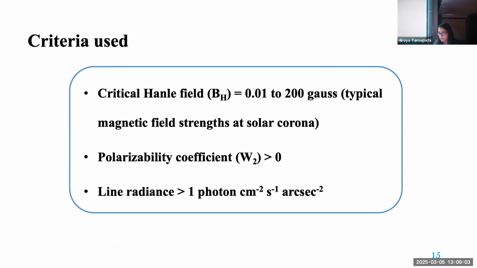Out of all the lines for which we calculated those parameters, we selected only those lines based on these three criteria: a range of critical Hanle field from 10 milligauss to 200 Gauss, lines which have polarizability coefficient greater than 0, and which have a good enough line radiance.